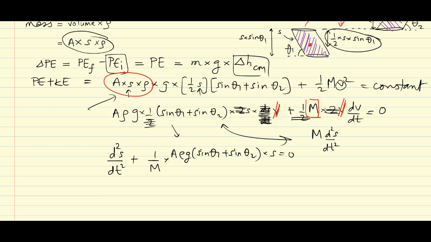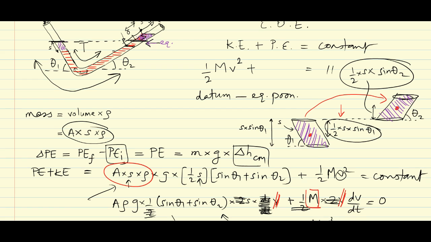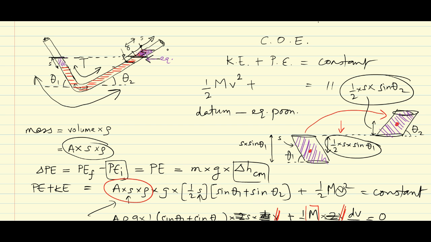And immediately you compare it with our standard SHM differential equation, which is d2x by dt square plus omega square x is equal to 0, and you realize that the top of the liquid in the right hand side column actually has linear SHM. In fact, it's true for even the top of the liquid in the left hand side column, but we just consider one of them right now.